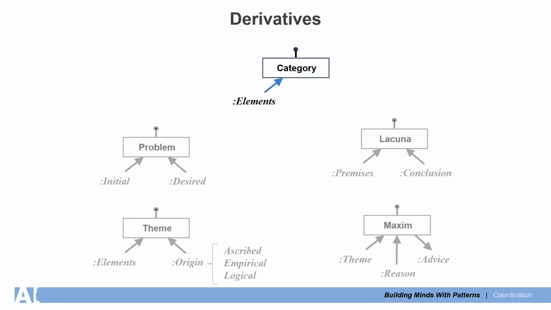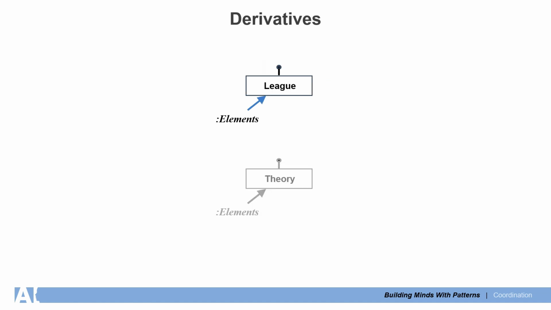A theme is a set of elements with an origin that is either ascribed, empirical, or logical. A maxim is a theme and some advice and reason for that advice. A maxim is a higher level problem.